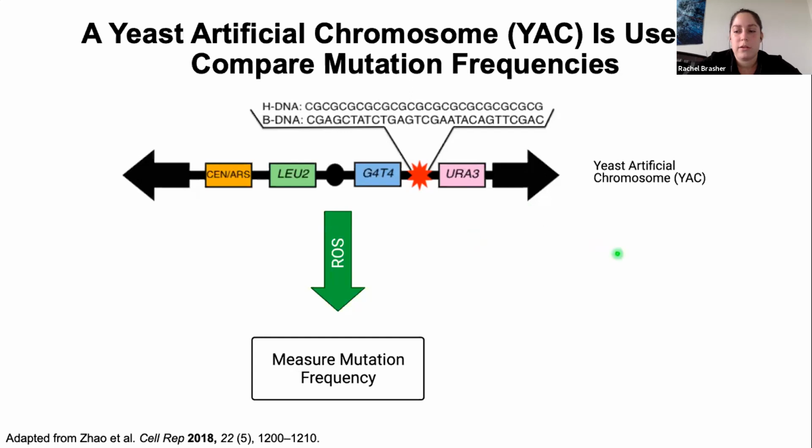This overall objective was determined based on the knowledge that B-DNA is more mutagenic under oxidative conditions than standard conditions, which is without hydrogen peroxide.